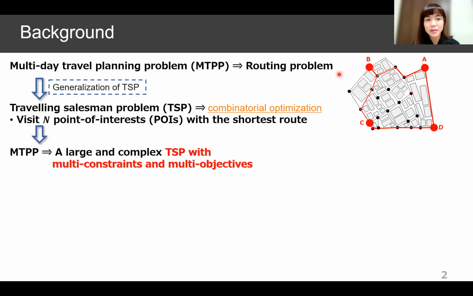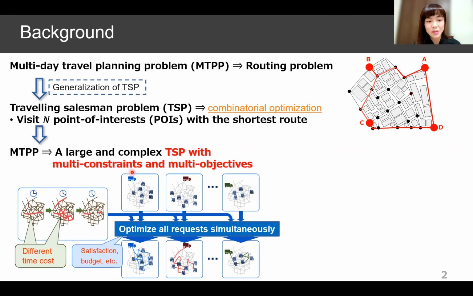Based on the consideration of TSP, we can see that the MTPP is a large, complex TSP with multiple constraints and multiple objectives in the real world. For example, the traffic flow is different from time to time.